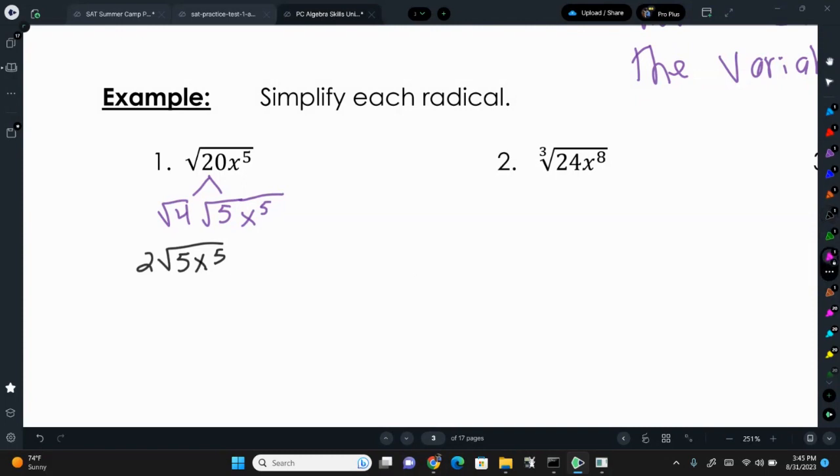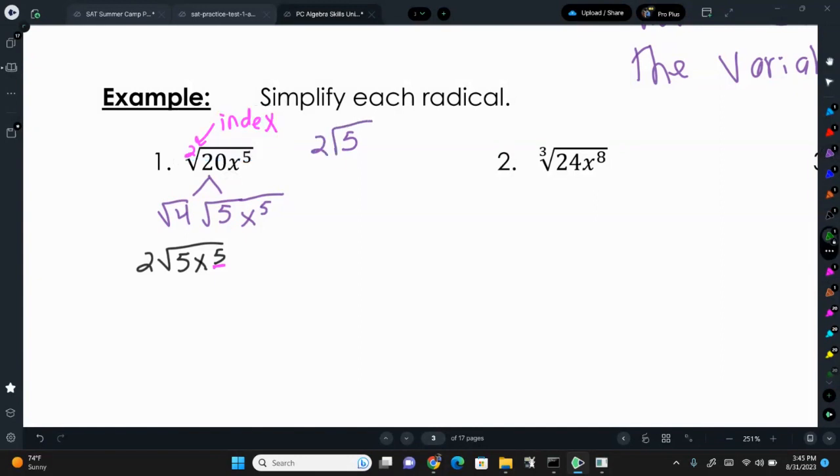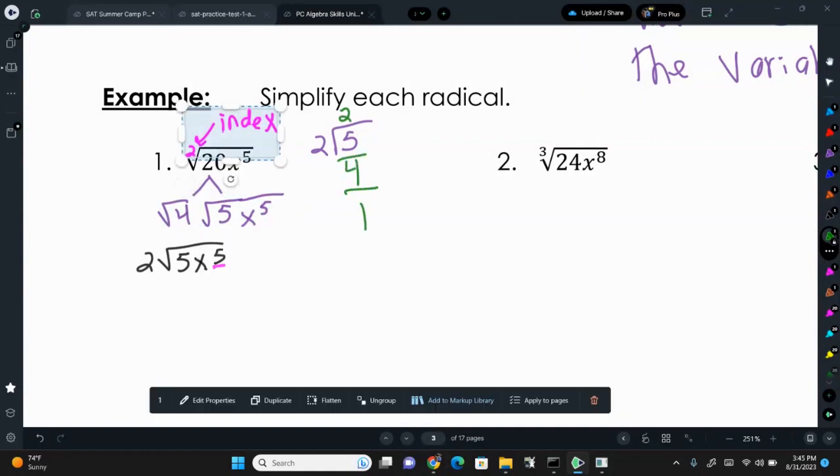we need to divide this by our index. Now remember, if there's no number there, it's an invisible 2. This is our index. So I'm going to divide the exponent of 5 by 2, and we get 2 with a remainder of 1.